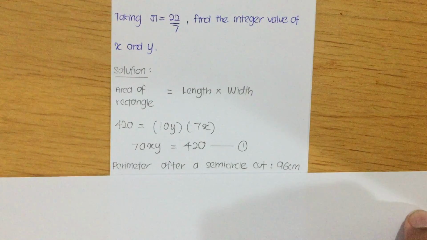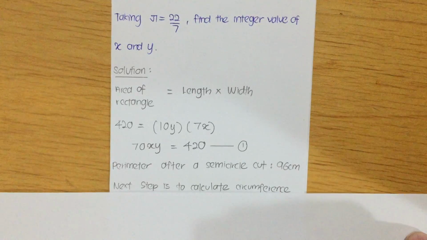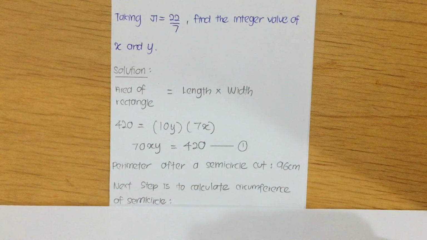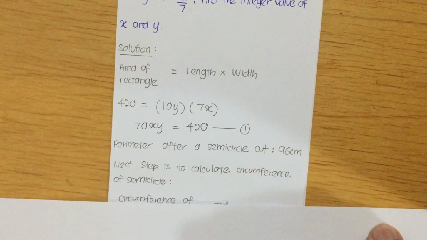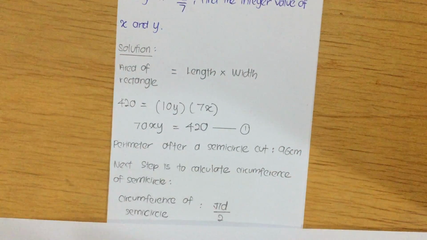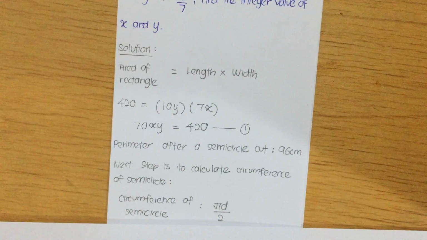The perimeter of the cardboard with the semicircle cut out is 96 cm. So the next step is to calculate the circumference of the semicircle. To calculate the circumference of a semicircle, it is pi d over 2. Remember guys, the circumference of a full circle is pi d or 2 pi r, pi times diameter or 2 pi times radius.